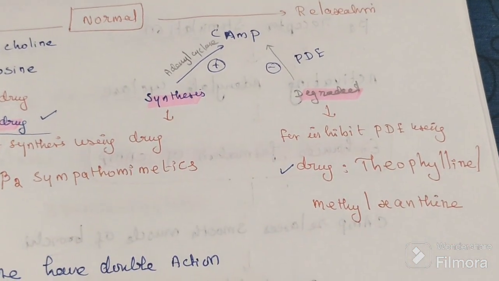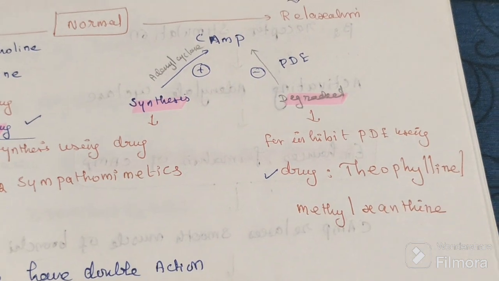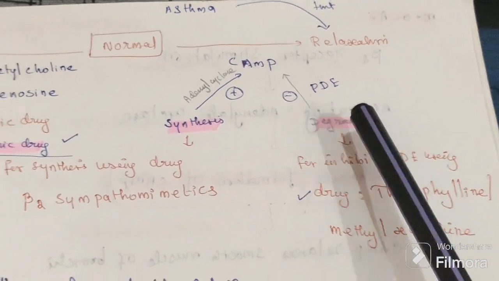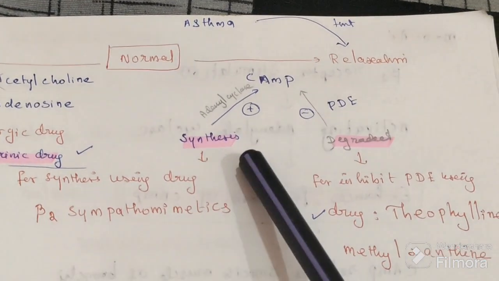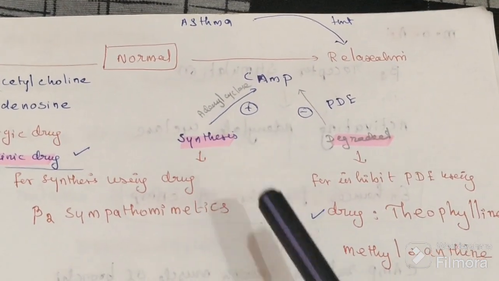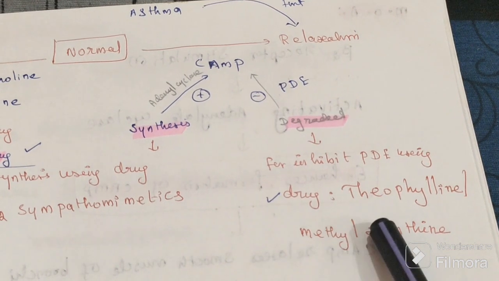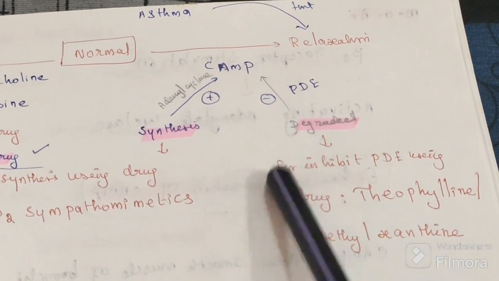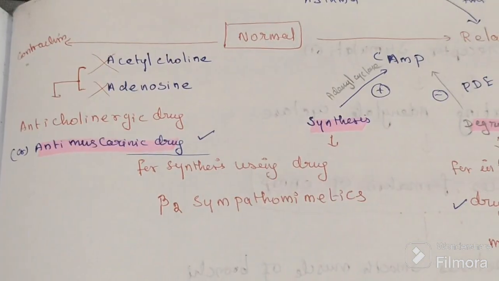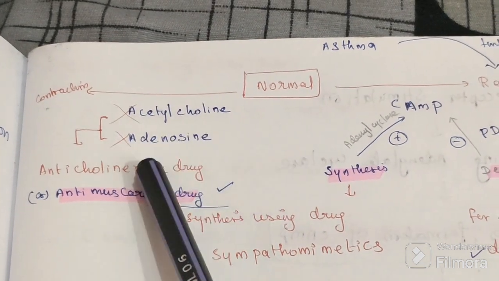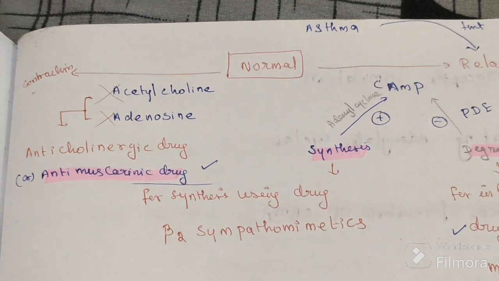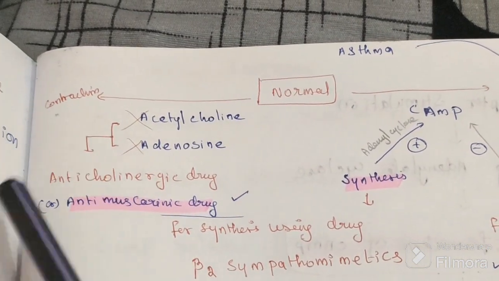Theophylline is the drug that inhibits phosphodiesterase. So the beta 2 sympathomimetic drugs stimulate that mechanism, and theophylline drugs inhibit that phosphodiesterase. Here also there are two, acetylcholine and adenosine, that cause contraction.